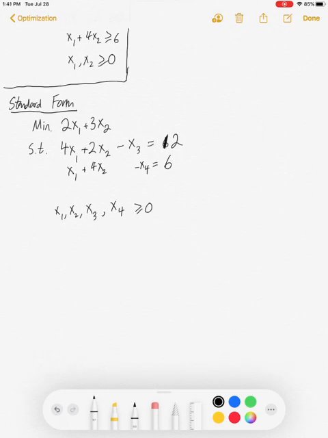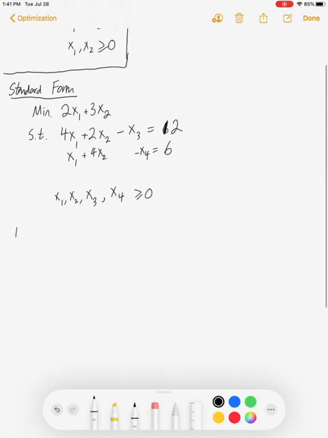The problem is, if we were to write this in tableau form, we wouldn't have any two columns that look like the identity matrix. So we wouldn't get an obvious choice of basic feasible solution. So instead, the idea is to apply the two-phase simplex method. And this is a clever idea.